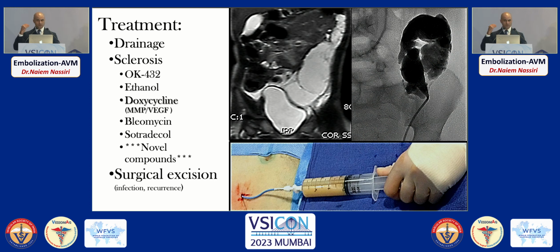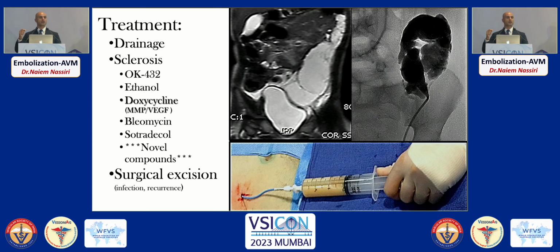Again, a whole slew of embolotherapeutic options exist. Remember, these are all off-label. There is no FDA-approved or globally approved therapeutic option, although we're working on it in the United States at my center. Doxycycline tends to be the one that's used most often.